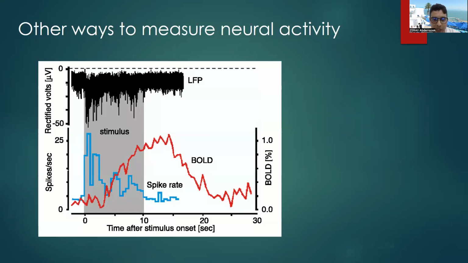Another way to measure the neural activity is by applying different stimuli, for example by moving the eyes, or just thinking in different block diagrams, or just moving a little bit of our fingers. It's called the stimulus.